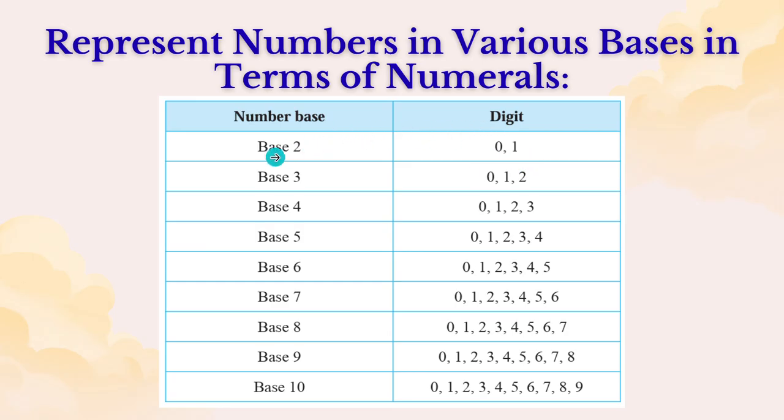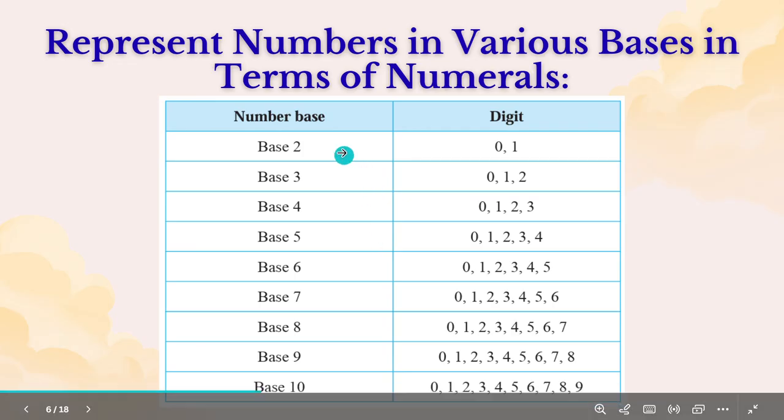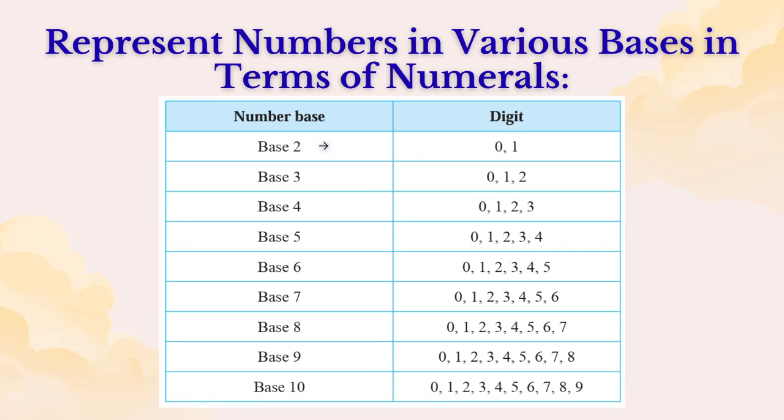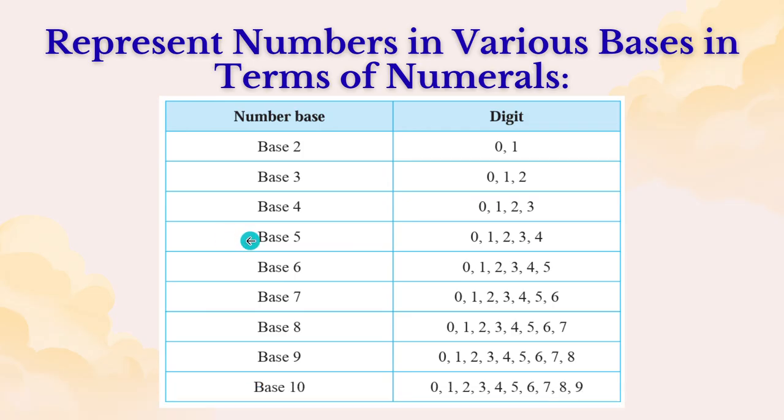The digits for each number base start from 0 until the digit that is less than its base. For example, base 2 has 0 and 1. And just now, the alien counted the number of books in base 5, so 0 until 4. It does not exceed 5, only until 4, so it does not exceed the base.